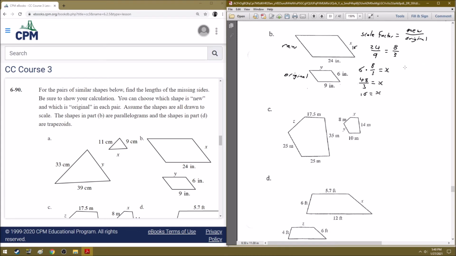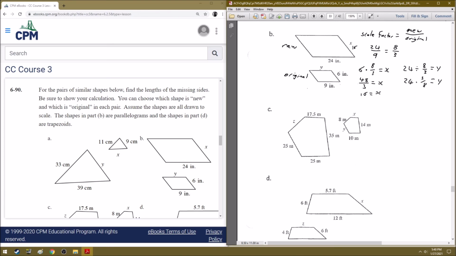So we're starting with 24, and we're wanting to divide by 8/3, because that will undo this multiplication. That will equal y. But remember that when you divide by 8/3, it's going to be the same thing as multiplying. So 24 multiplied by 3/8. So that will be y.